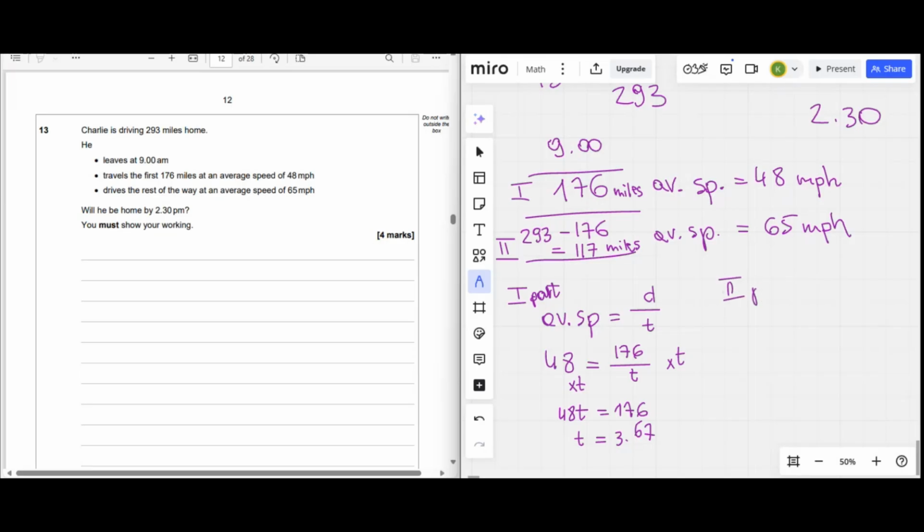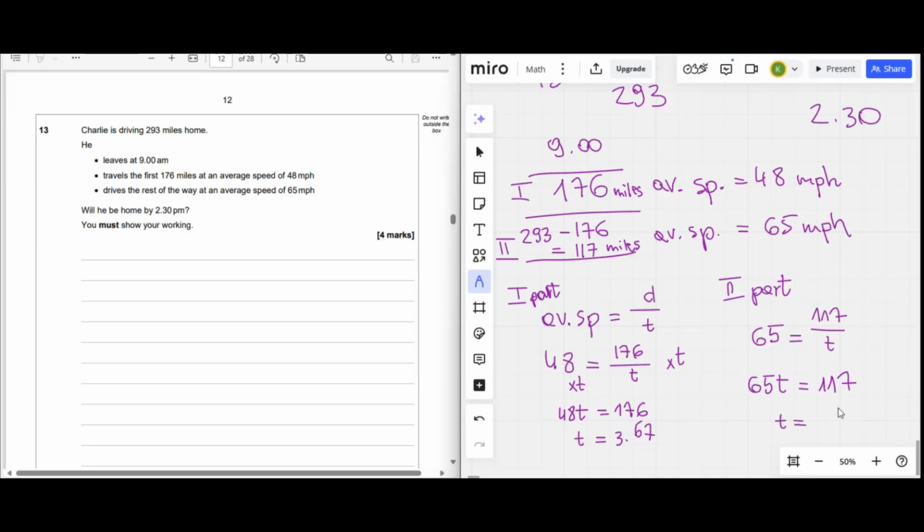And second part, let's do the same. Average speed 65 miles per hour is distance 117 by time. So 65 times t is 117.